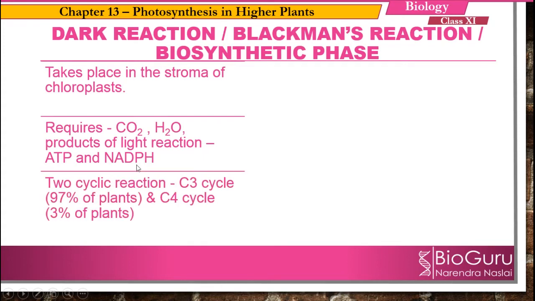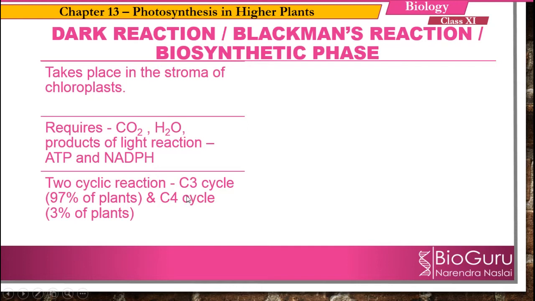So here dark reaction can be studied under two cycles, that is C3 cycle and C4 cycle, right? Because some plants show dark reaction in some other cyclical reaction, that we call a C3 cycle, and some plants show it in other form, so we call it a C4 cycle.